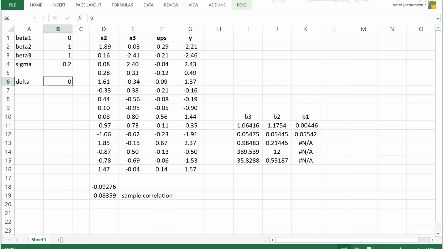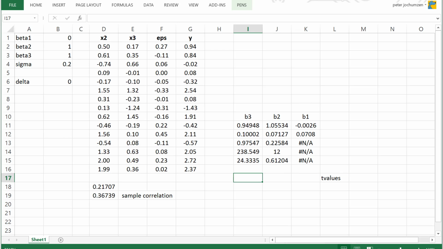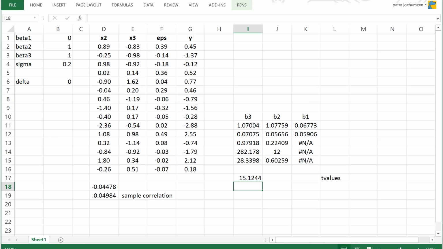0. I have no multicollinearity whatsoever. OLS has a really good time. It can give you very small standard errors, 0.05 for both B1 and B2. If I print the t values down here, remember, the t values are just the point estimate divided by the standard error.